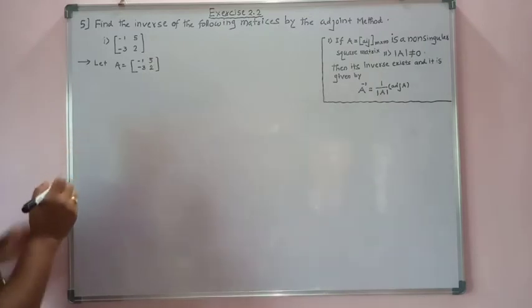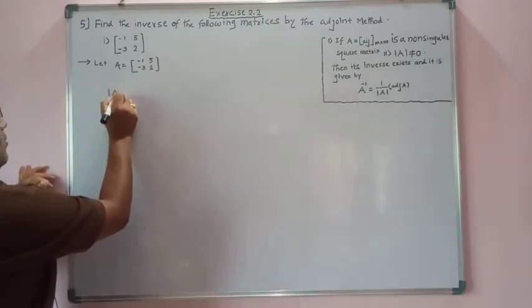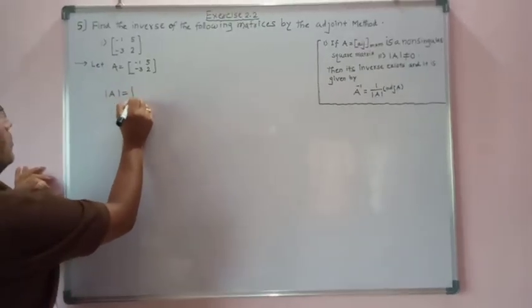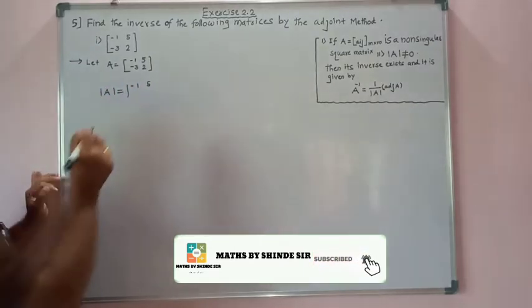We take firstly the determinant of A. Determinant of A equal to determinant of -1 5, -3 2.